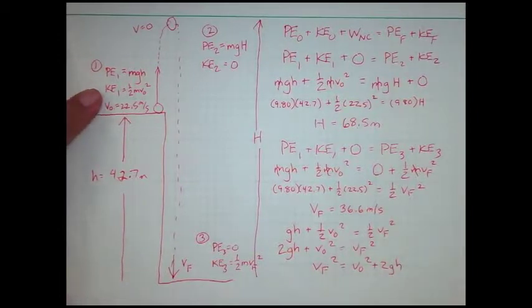Why is this significant? Well, we notice that g is our acceleration, and h is our displacement. And so we notice that this is essentially kinematics equation number 3. V final squared equals V naught squared plus 2 times the acceleration times the displacement.